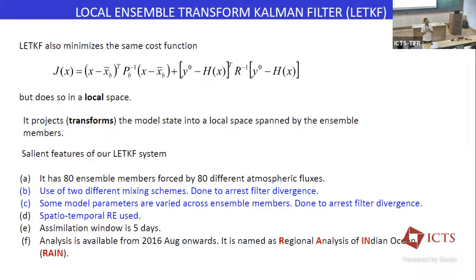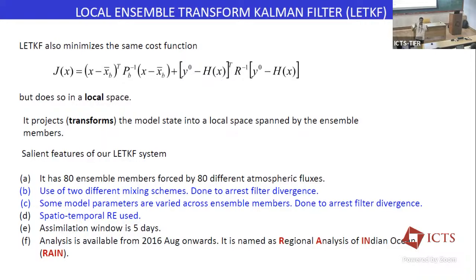Your spread in the ensemble signifies the kind of uncertainty there is in the system. Now, if that spread decreases, then you have more and more trust in your model. So when an observation comes, you will throw away that observation. You'll say, I do not trust the observation, I trust my model more.